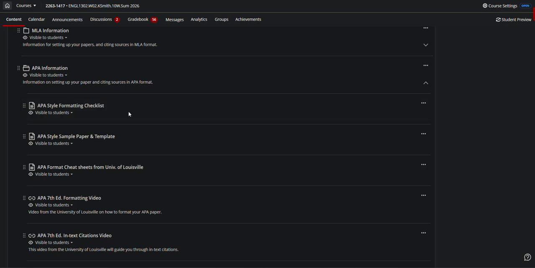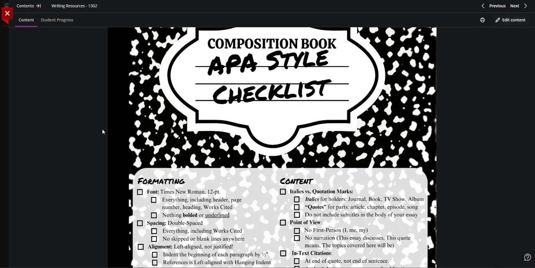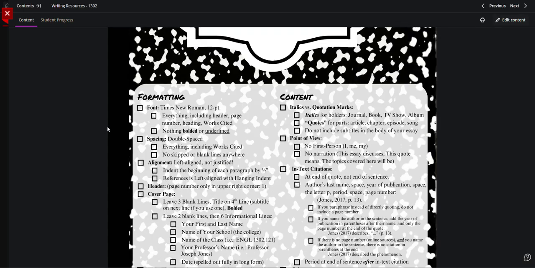So what we have here is a quick checklist of the differences of the APA styling. So you have Times New Roman again, so that's the same as MLA. You have everything, including a header, a page number, a heading. I don't know why this says works cited.